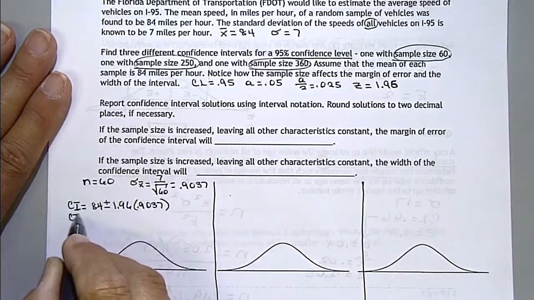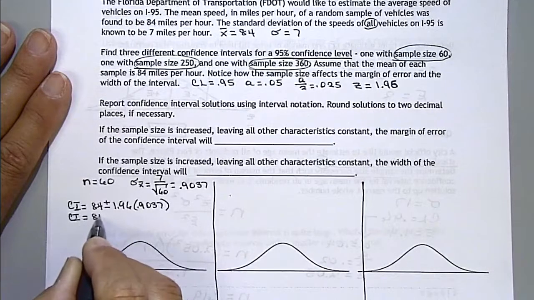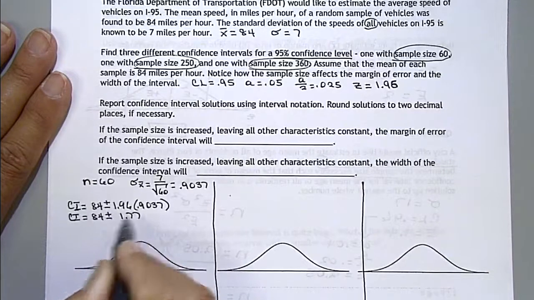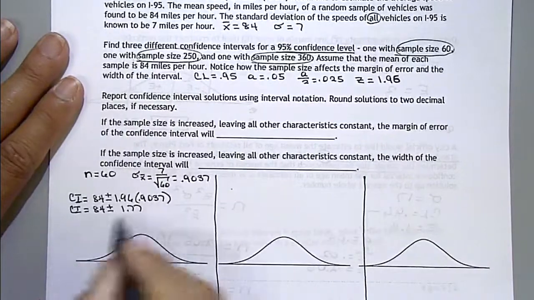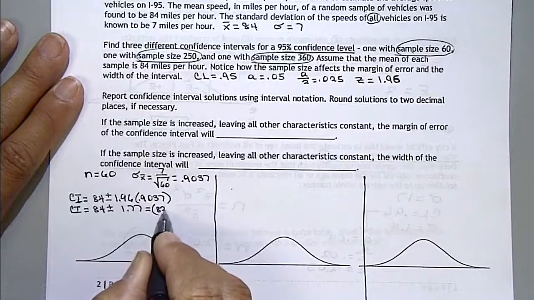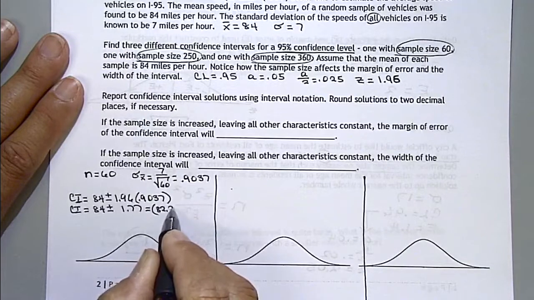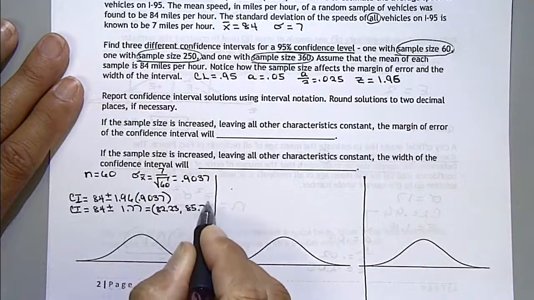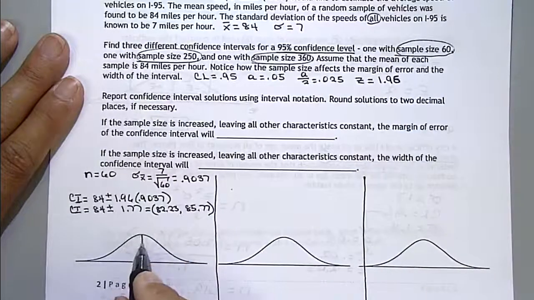This confidence interval came up to be 84 plus or minus 1.77, and that made a confidence interval of 82.23 to 85.77.